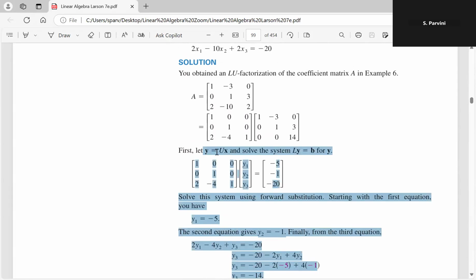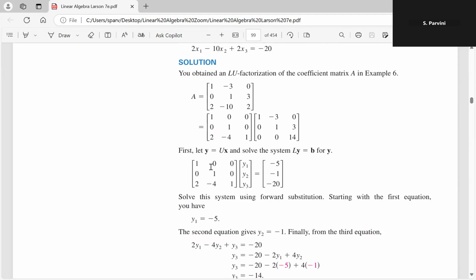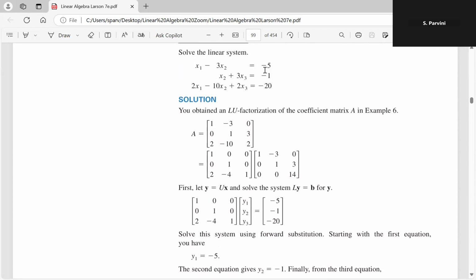He says, let y be upper triangular times x. So here's the step: solve the system for y. And so here's the system. This is actually L, isn't it? This is L, y equals B. Remember, this is B. And he's multiplying this matrix, that's the L, times y to get B. Right in here, you see that?